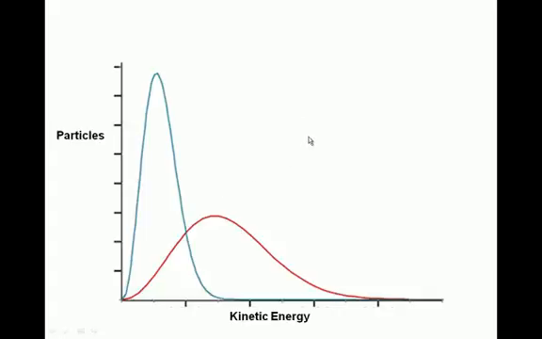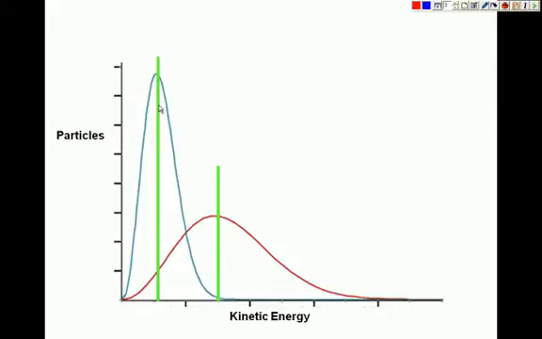So if we find the average of the red sample, it would fall somewhere close to the middle here, and the same with the blue sample. Here is the average kinetic energy of the blue sample, right about here, and the average kinetic energy of the red sample. As we see here, this one is farther forward, so this one has a higher temperature.